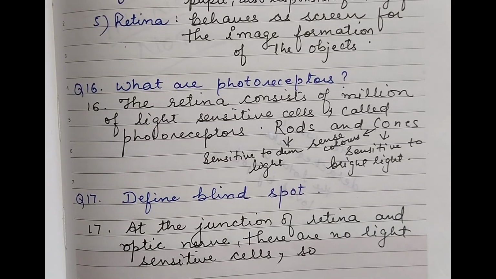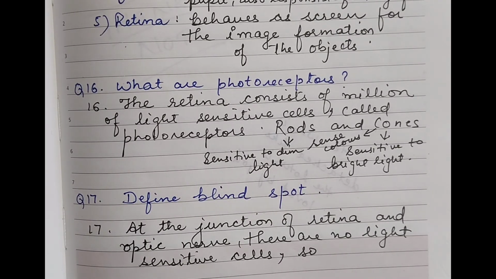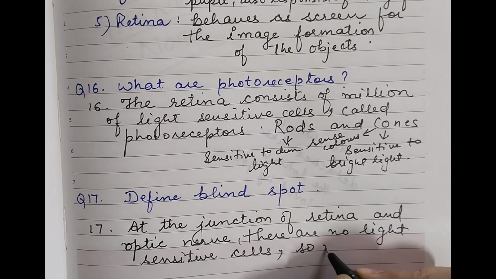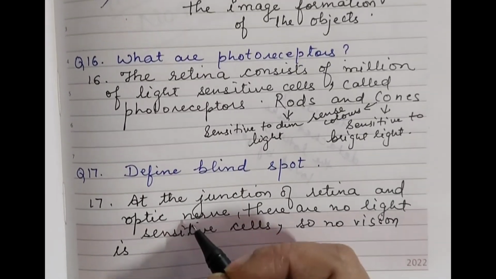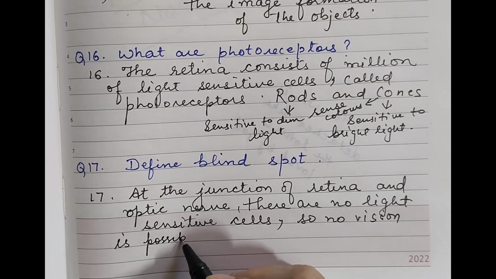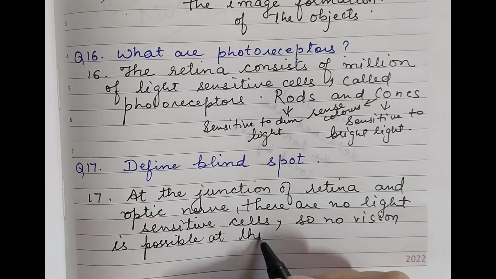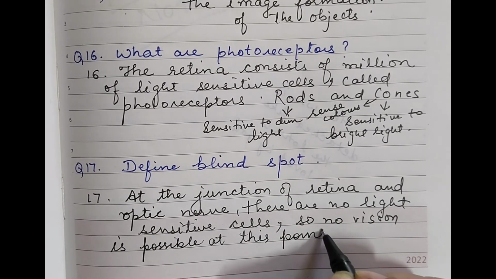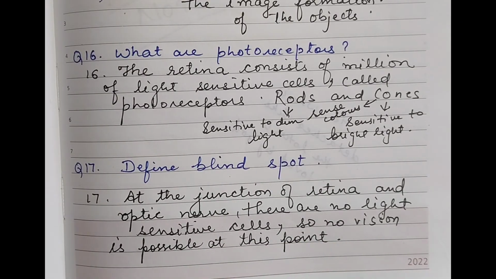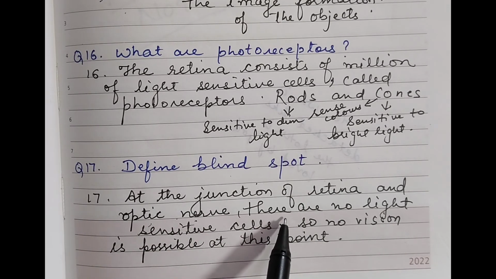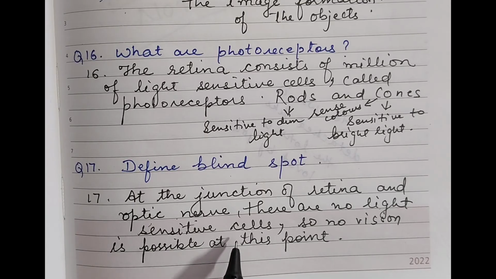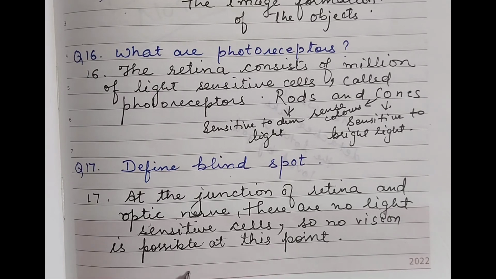So no vision is possible at that point. And this point is known as the blind spot. It is the meeting point of the retina and optic nerve. No light sensitive cells, rods or cones, are present in this area. So no vision is possible because no image is formed.